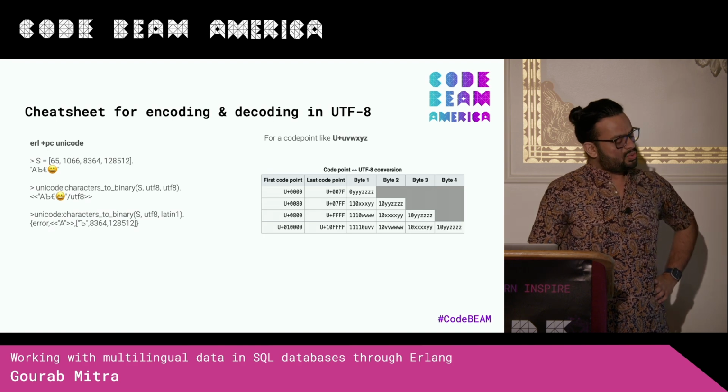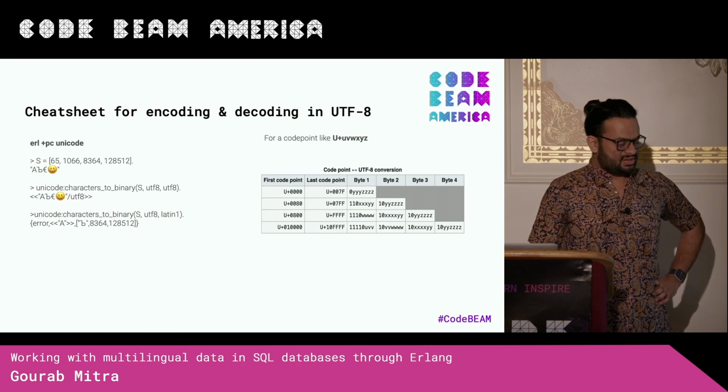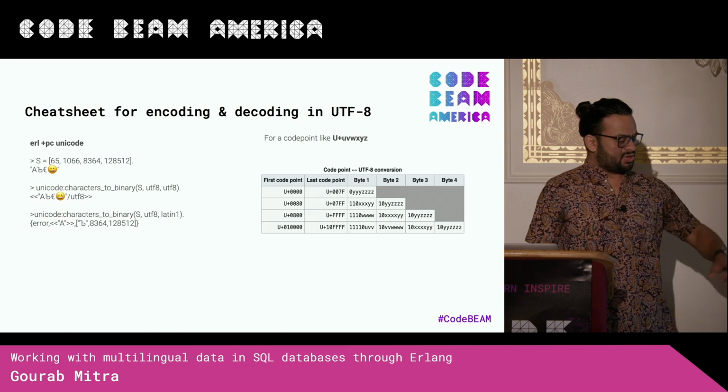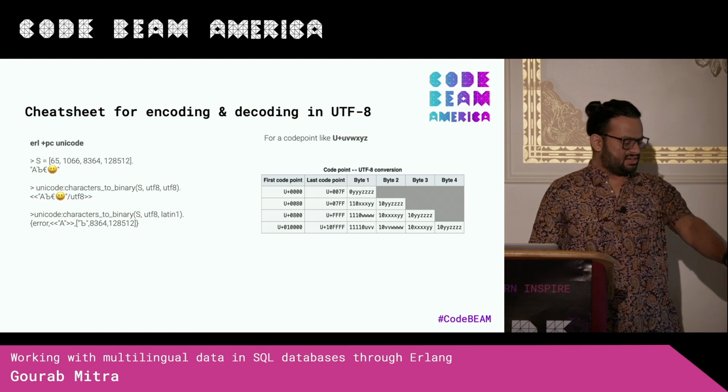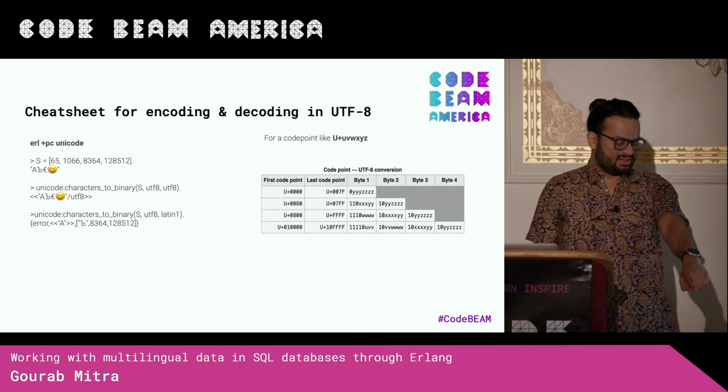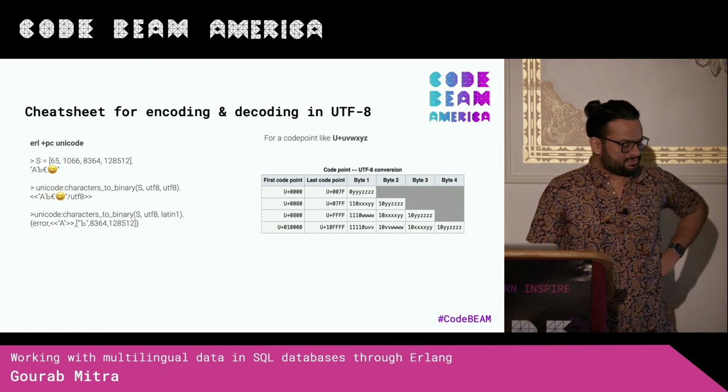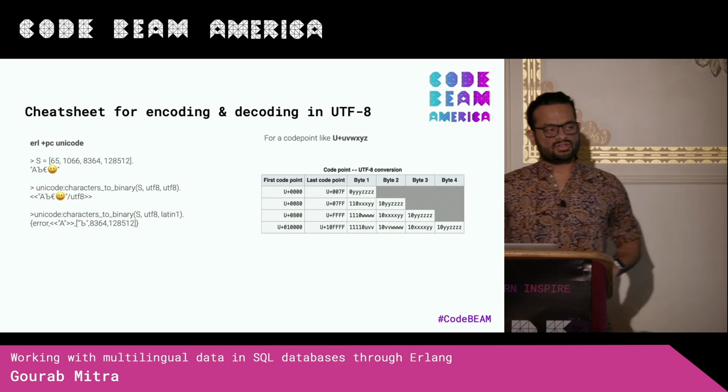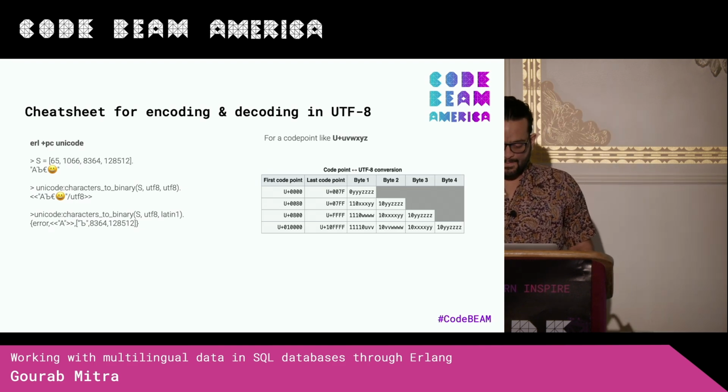I do not know why they are not doing it for the multi-byte characters, because the smiley sign is in the third and fourth row of the table on the right side. Good question. Let me get back to you on that. Or if someone in the audience has the answer, I don't know.